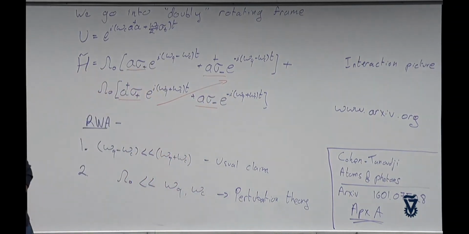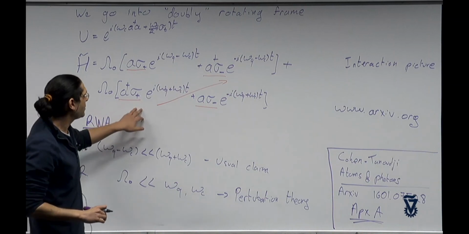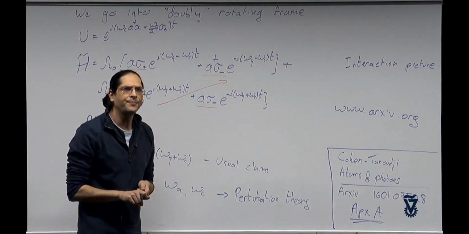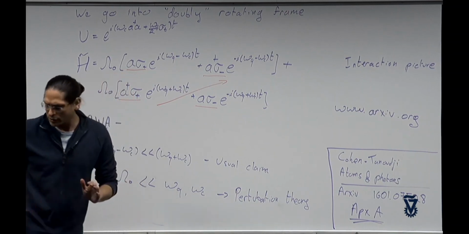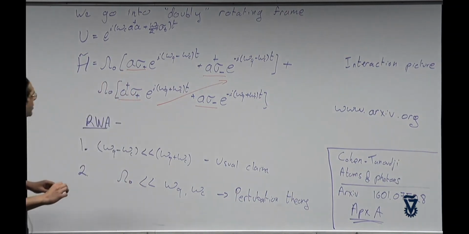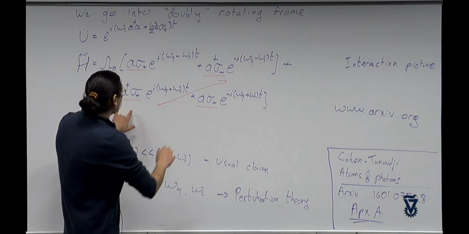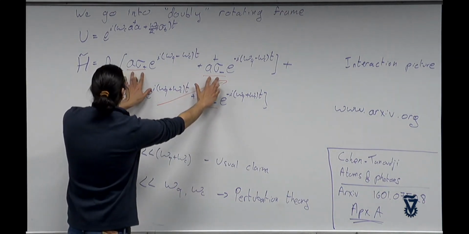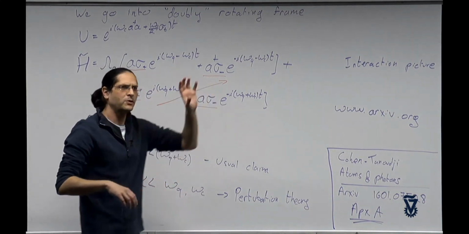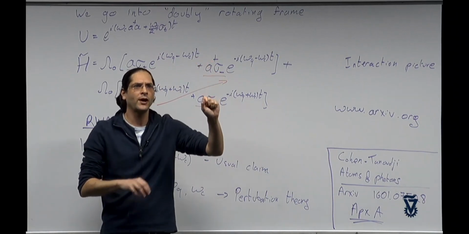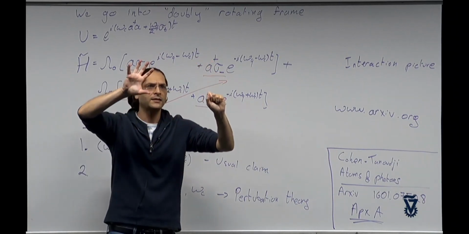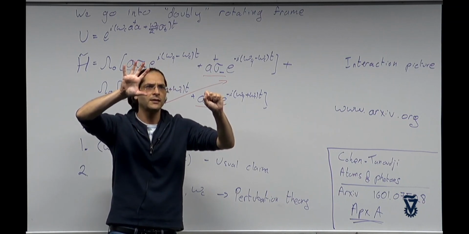Also, in many books, you will see the argument for the rotating wave approximation given as an energy conservation argument, which is not wrong, but you've got to be careful with it. If you look at these two terms, what do they do? Suppose that I have a photon in my cavity. That photon gets destroyed and an excitation gets created in the spin.